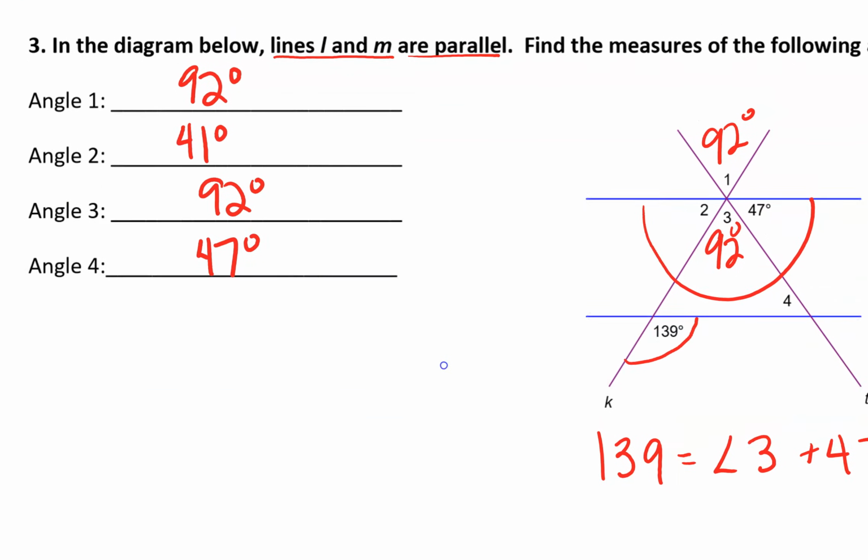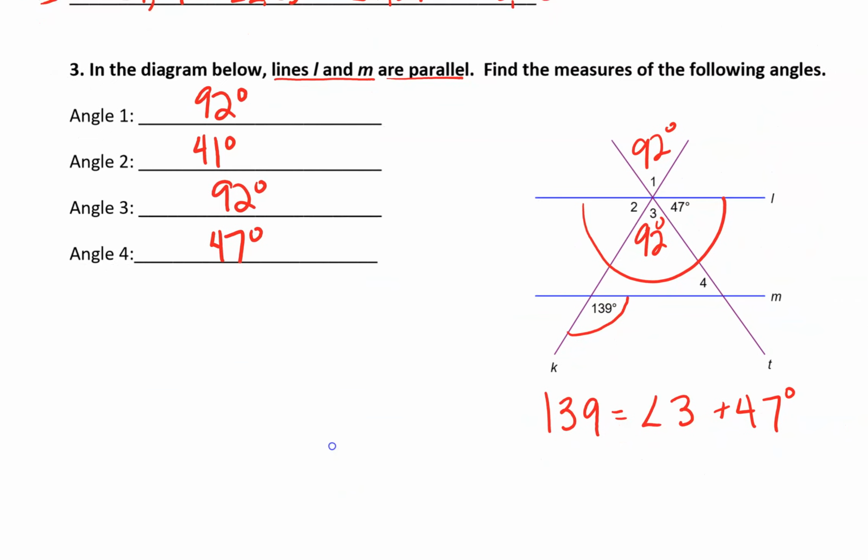So using that to solve a problem, let's take a look here. When I worked through this, I first figured out that we could do it in any order. I'm going to look here and here. Those are alternate interior, so they're going to be congruent. And then I said this angle and these 2 angles form corresponding angles, so they would have to be equal to each other.